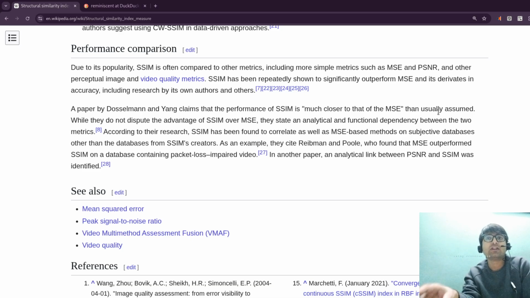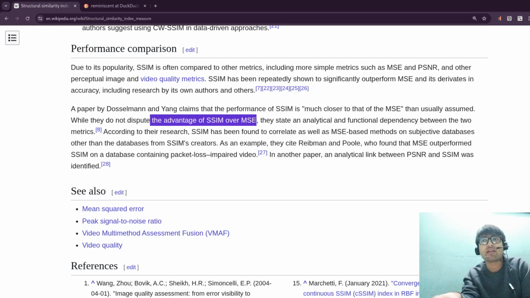A paper by Salman and Young claims that the performance of SSIM is much closer to MSE than people usually assume. While they do not dispute the advantages of SSIM over MSE, they state that there is an analytical and functional dependency between the two metrics.